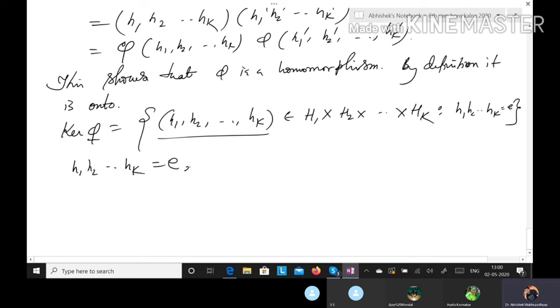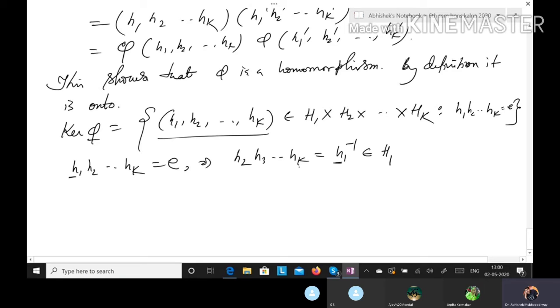So what does it mean? That is, h2 h3 ... hk will be h1 inverse, the inverse of this. Since it is h1 inverse, h1 inverse must be in capital H1.